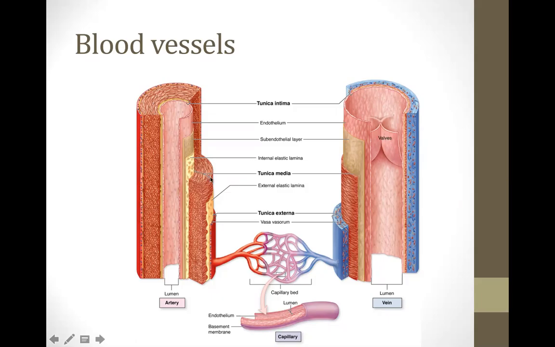The tunica media of your artery is thicker compared to your tunica adventitia or externa. Okay? Whereas here, your tunica externa or tunica adventitia in the veins is thicker compared to your tunica media. Okay, those are two differences. The lumen and the thicker tunica media on the artery and thicker tunica adventitia in the veins.